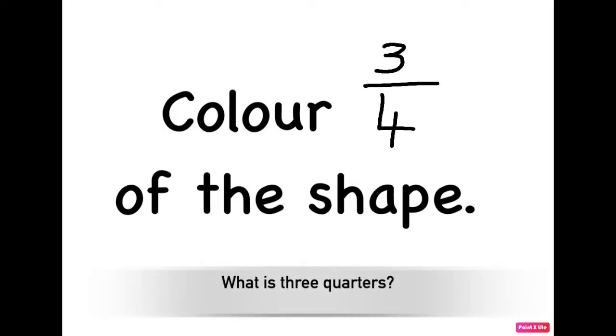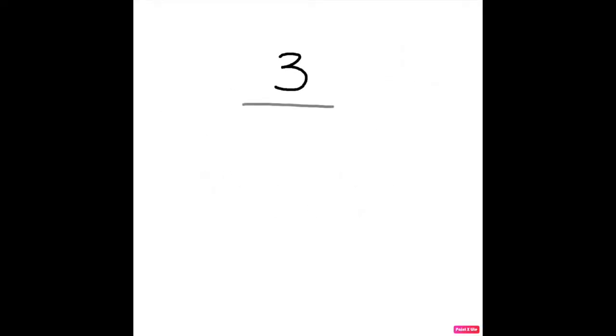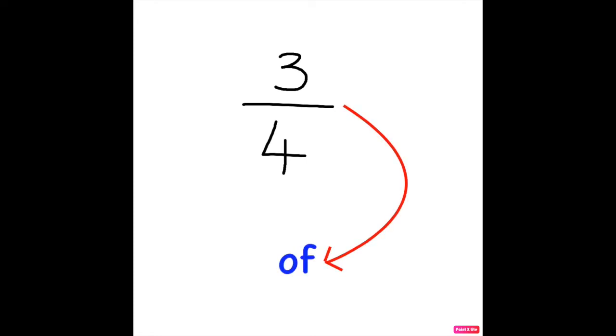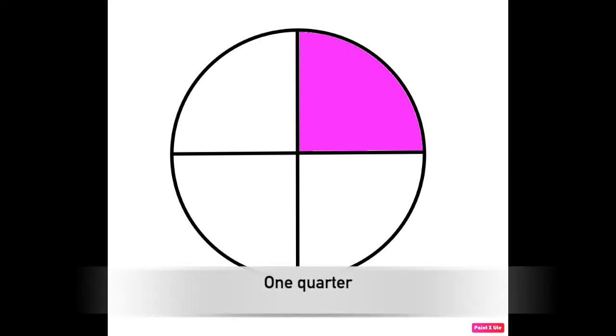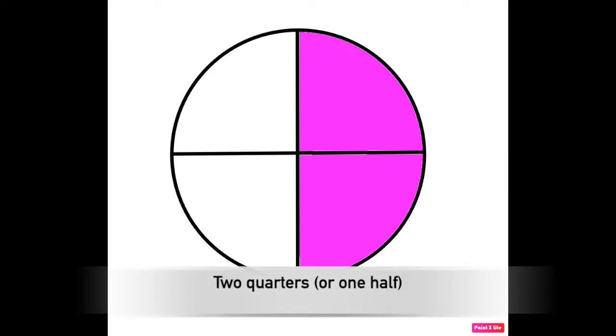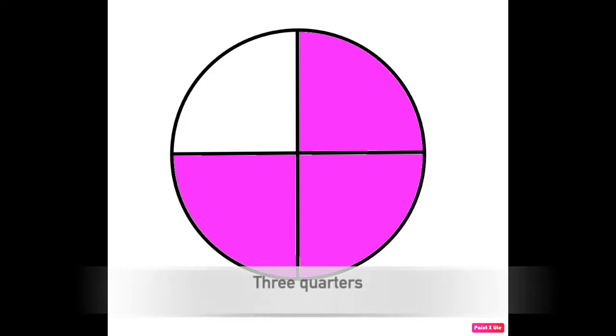What is 3/4? 3/4 means 3 of 4 equal parts. So if you were asked to color 3/4 of this shape, you would color 1 part, which is 1/4, 2 parts, which is 2/4, and finally 3 parts, 3/4.